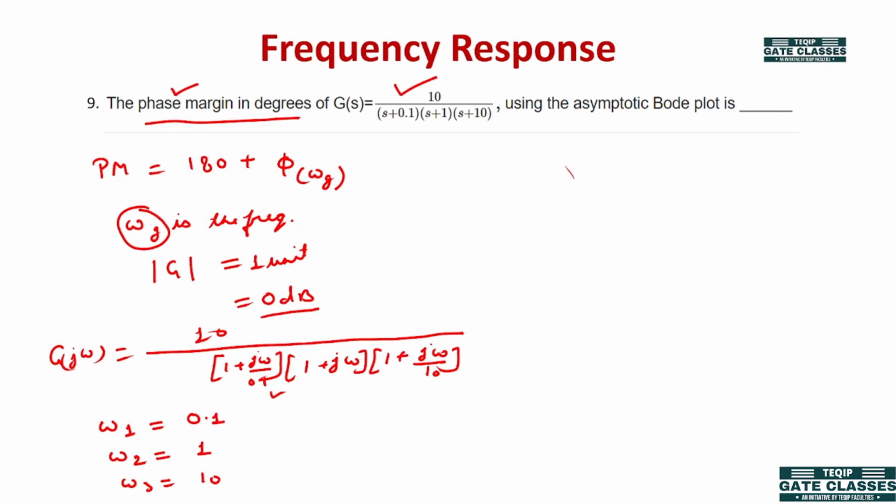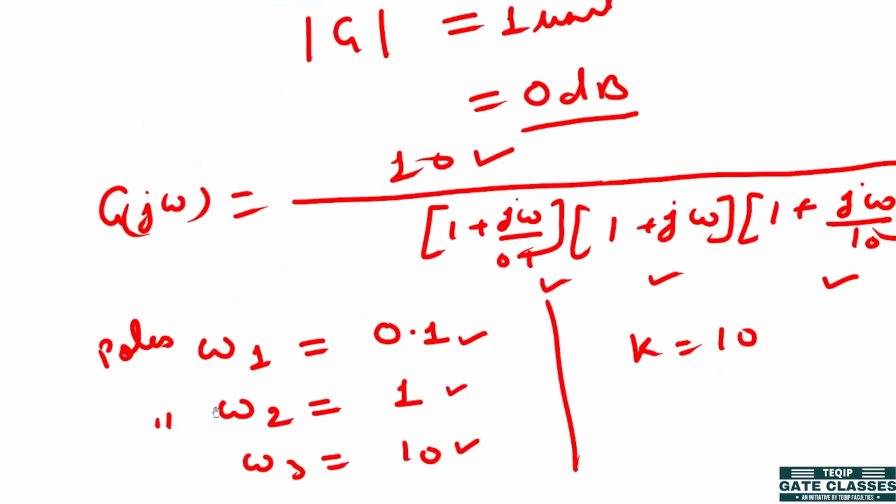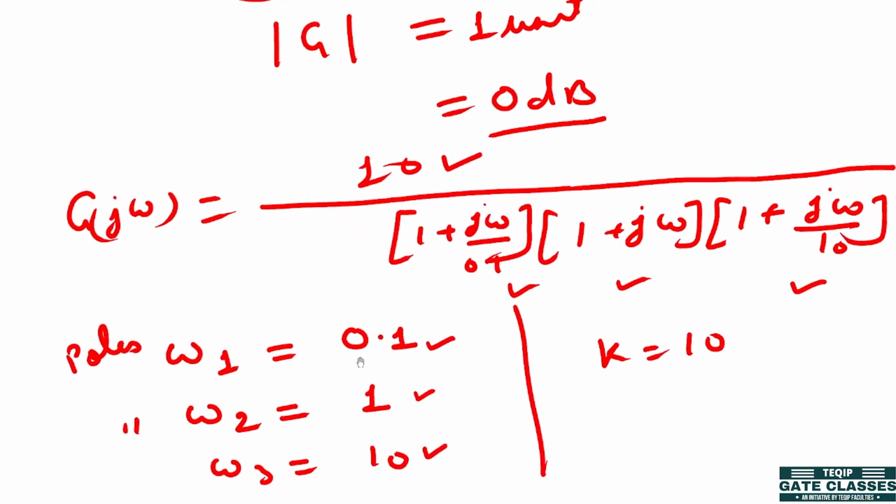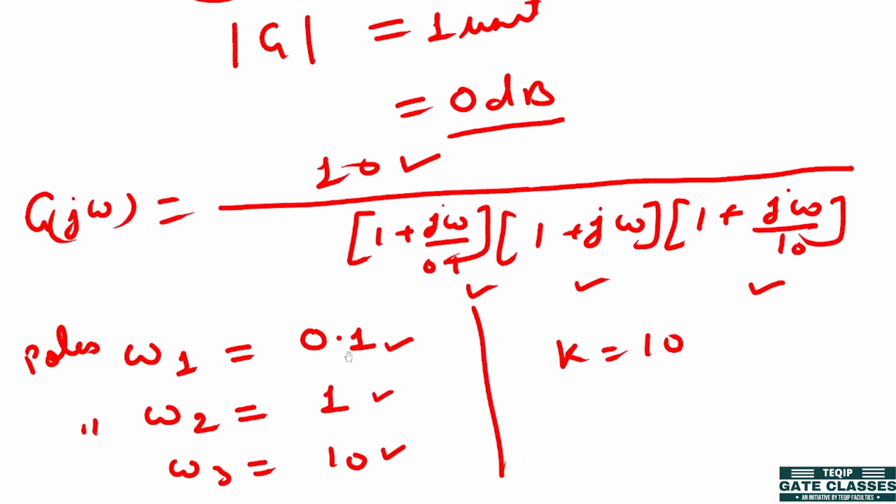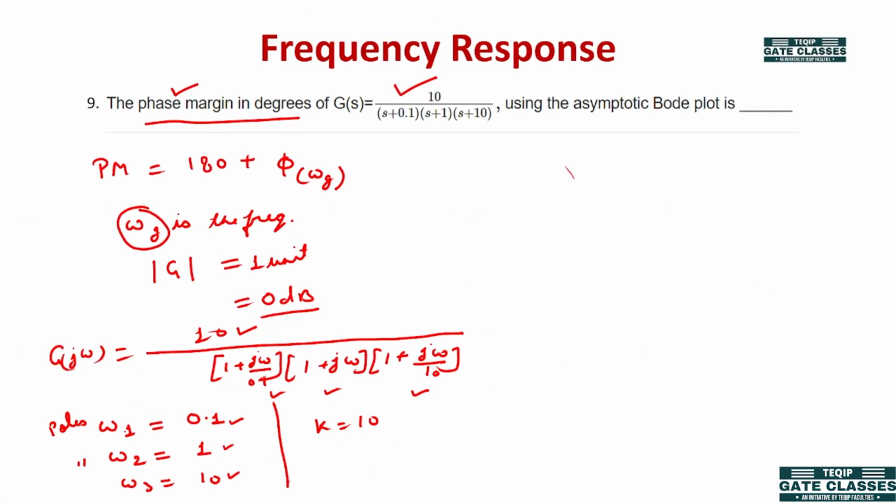We have 3 poles at cutoff frequencies 0.1, 1 and 10, and a constant K of 10. Okay, so all these are poles.